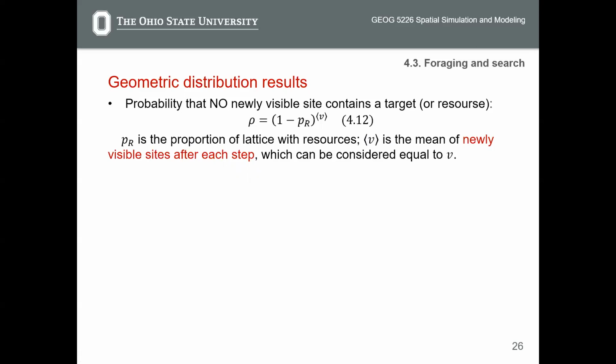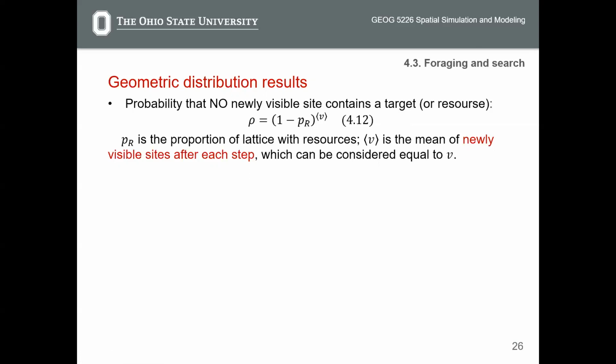The mean value of V is the mean of newly visible sites after each step, which can be simply considered equal to V. V is the vision of the walker, right? So here, 4.12 is the equation to find the probability that no food can be found among newly seen cells.